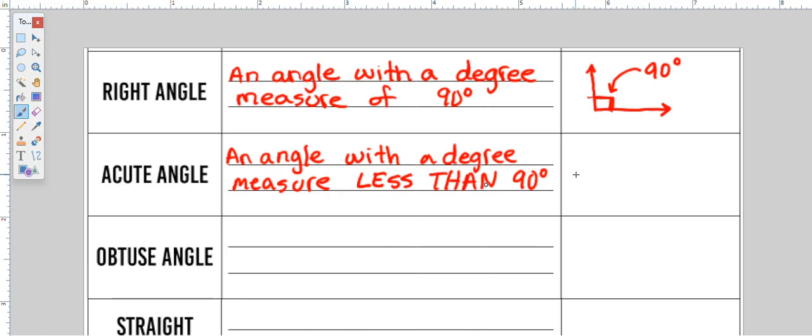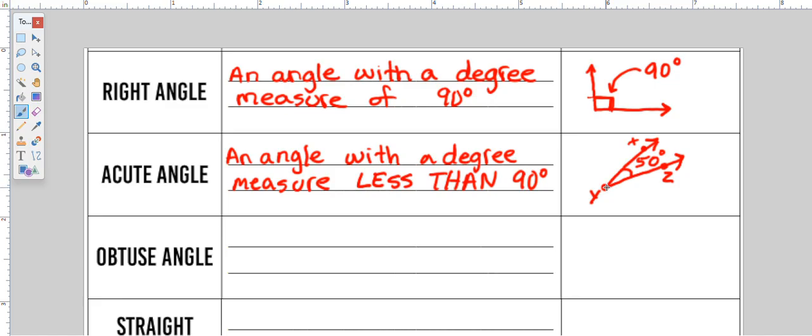Okay, less than 90 degrees. So an acute angle should be a little smaller than 90. This angle, let's say it's 50 degrees. It's probably actually legitimately smaller than that. But that angle that we see there, that is an acute angle. So if this is angle XYZ, then that angle is 50 degrees, okay, which is acute.